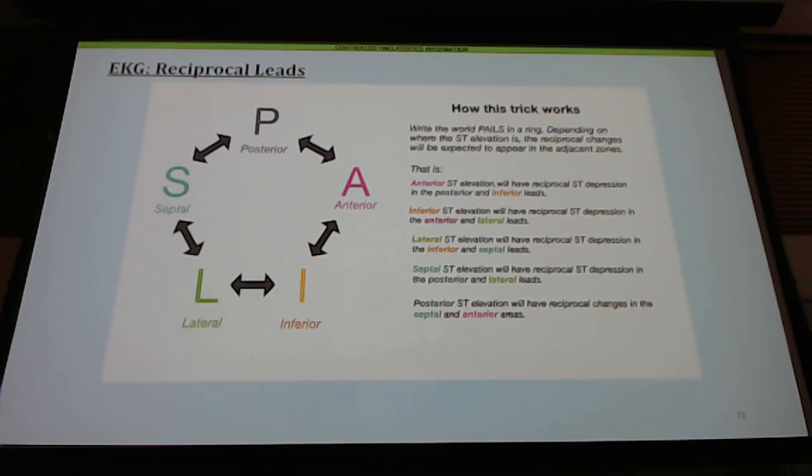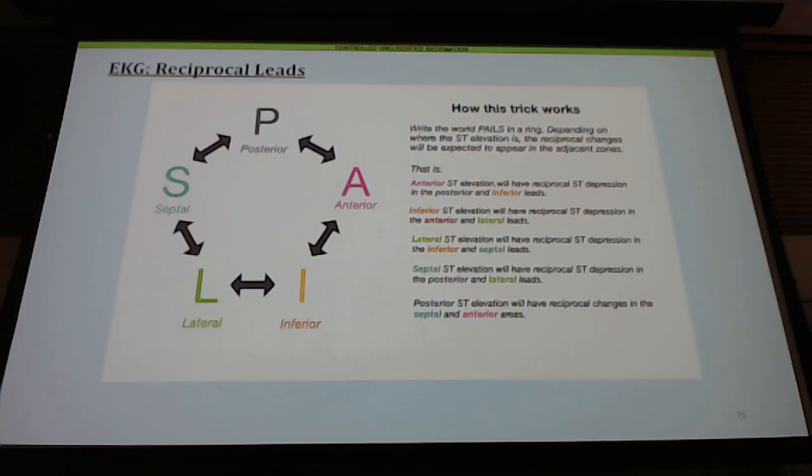This does not mean that they have a STEMI affecting the right coronary artery, and now they're having an NSTEMI or even unstable angina affecting the left anterior descending and left circumflex, right? That's not what's going on. It's just because there is a distortion of that normal conduction of that action potential through the heart and through that infarcted area, we're going to see the opposite changes occur in the opposite leads from that region of the heart.